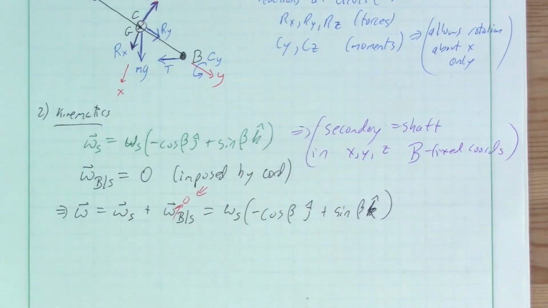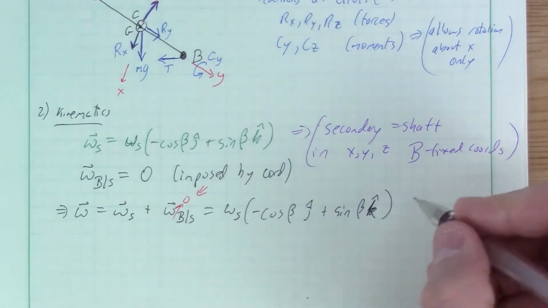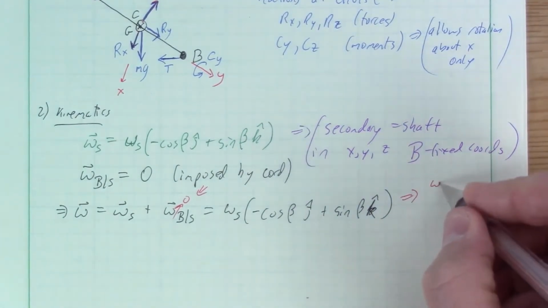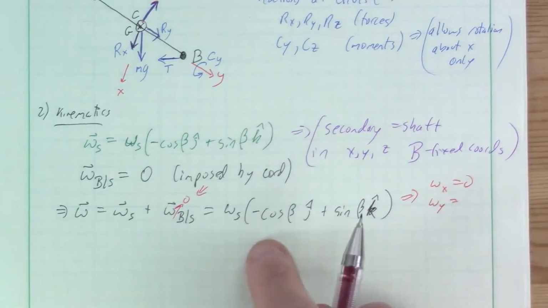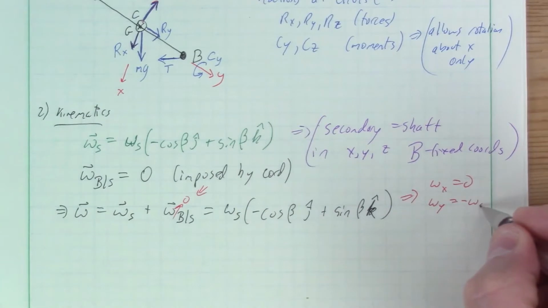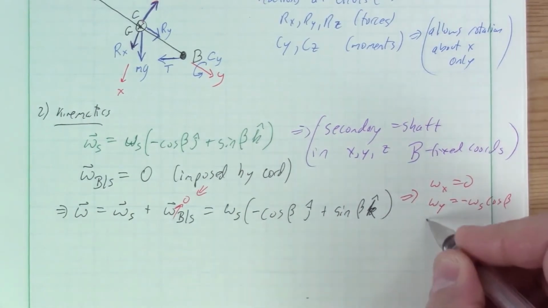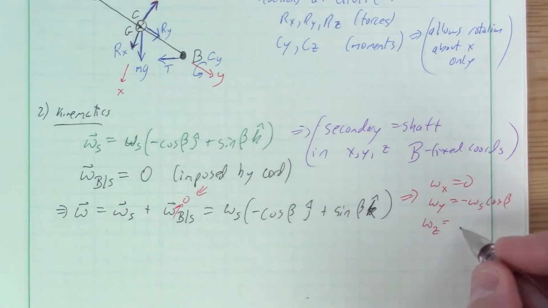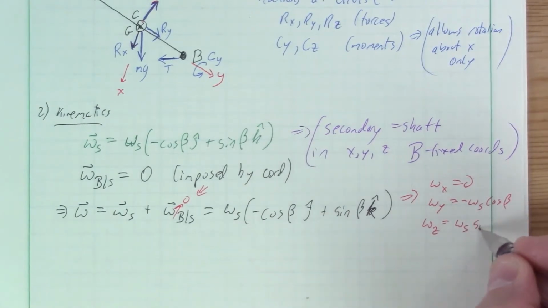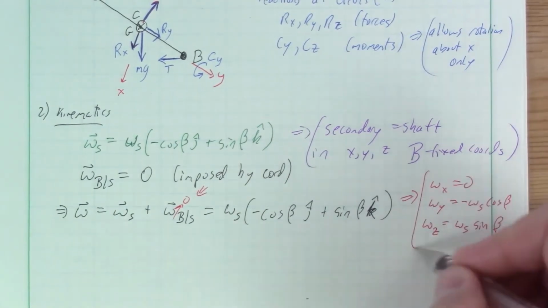All right, so then we make a little note to ourselves for when we get to our Euler equations: omega x is 0, there's no i hat component. Omega y is minus omega s cosine beta. And omega z is the k hat component here, positive omega s sine of beta.